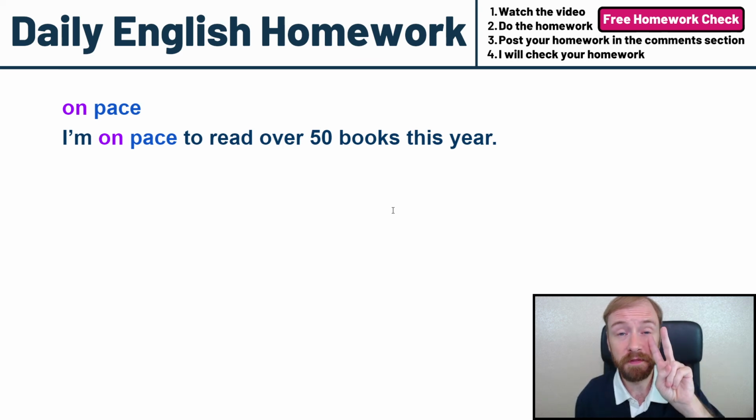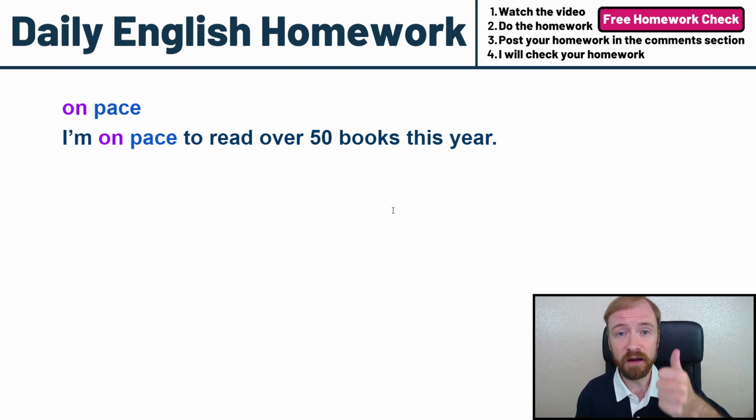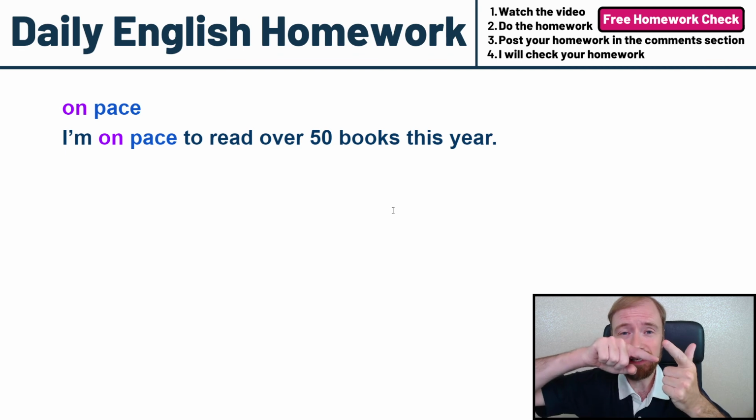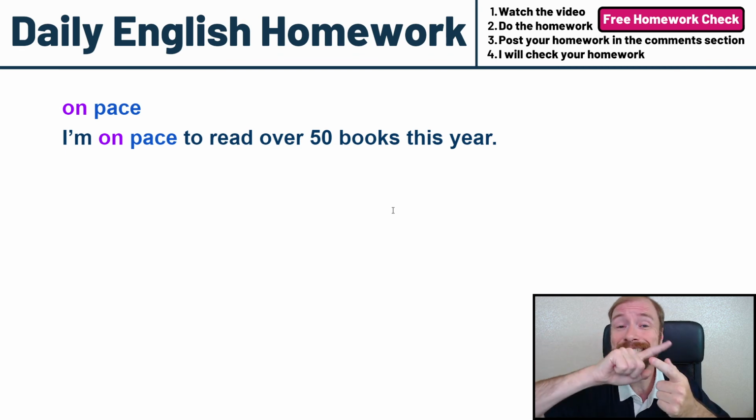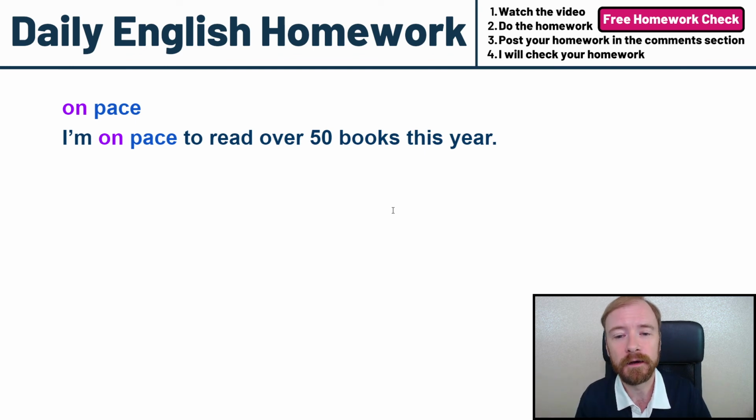The second month I read 5 books. Although there's only 2 months, I could say I'm on pace to read over 50 books this year. So we can guess the rest of the year, if I continue this pace, then I would read over 50 books this year. This is a good one to use in your homework too.